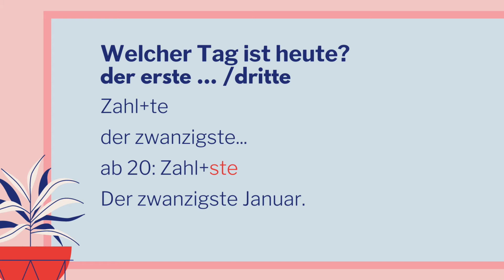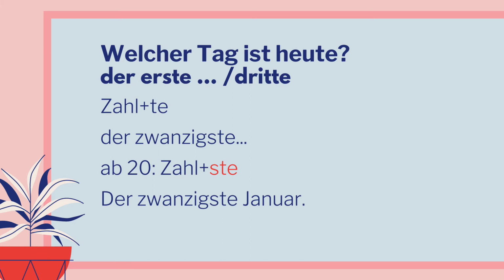So on the slide, welcher Tag ist heute? It means, what is the day today? So if you want to say it's the 20th of January, you can say der 20. Januar.